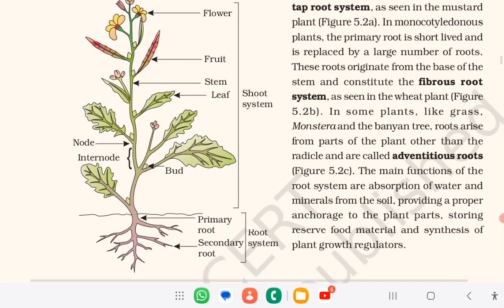In some plants, like grass, monstera, and the banyan tree, roots arise from parts of the plant other than the radicle and are called adventitious roots. The main functions of the root system are absorption of water and minerals from the soil, providing proper anchorage to the plant parts, storing reserve food material, and synthesis of plant growth regulators.